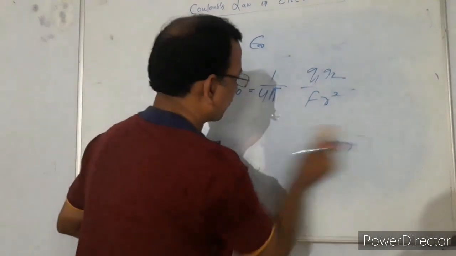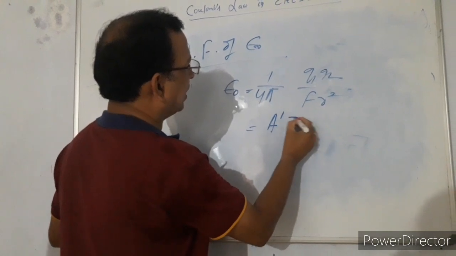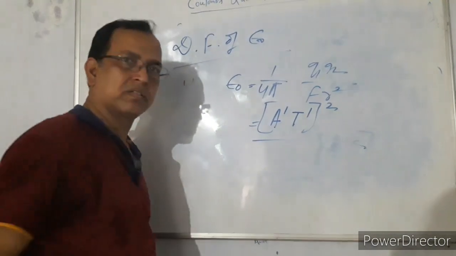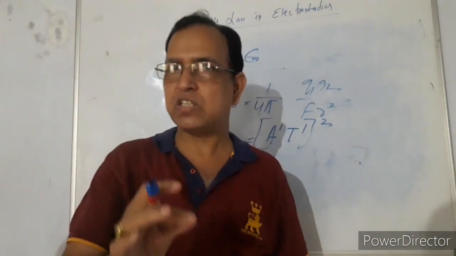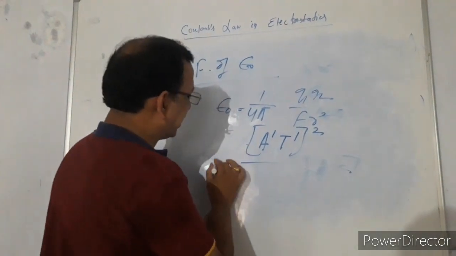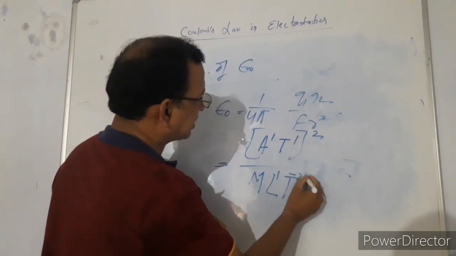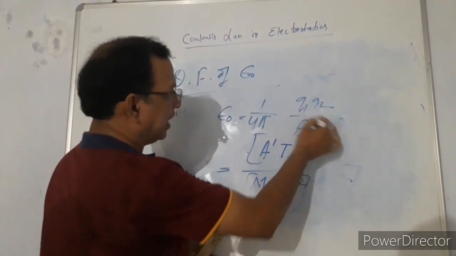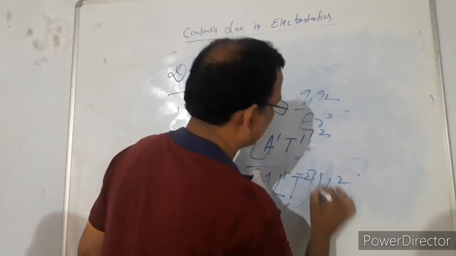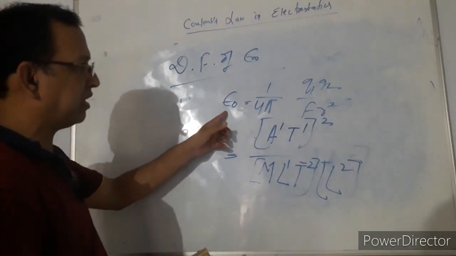So Q1 Q2 gives A square T square, divided by force F. F is equal to ma, mass into acceleration. So that is equal to M, acceleration L T minus 2. Distance, that is L square. So now what is the dimensional formula of epsilon naught?